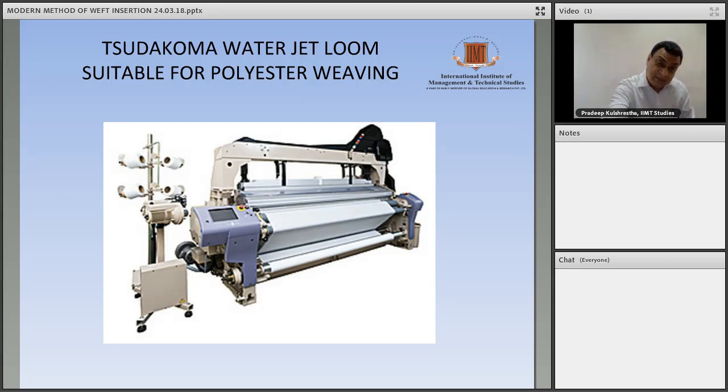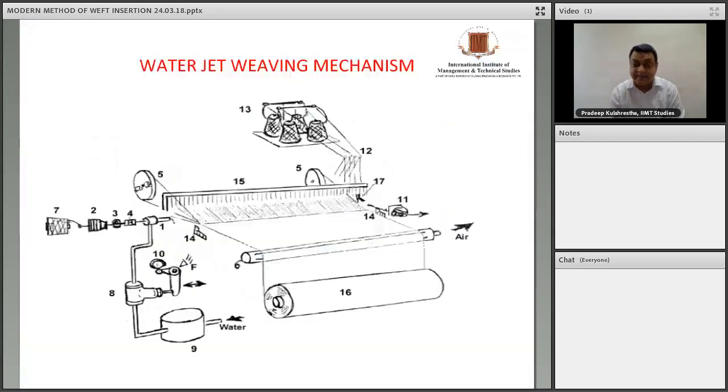This is the Dobby, where some designs can be put. Then it is covered by fiber glass because water spreads, so it should not reach the weaver or staff of the weaving mill. Here the wet cloth comes on the roll. We have to keep the roll for some time. There are dryers which give the fabric a conditioned shape, and then it can be used.